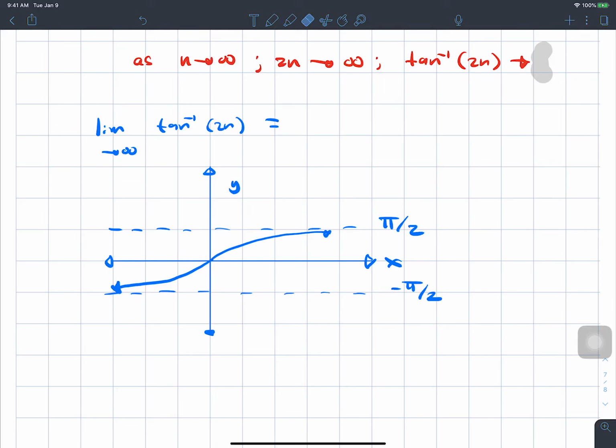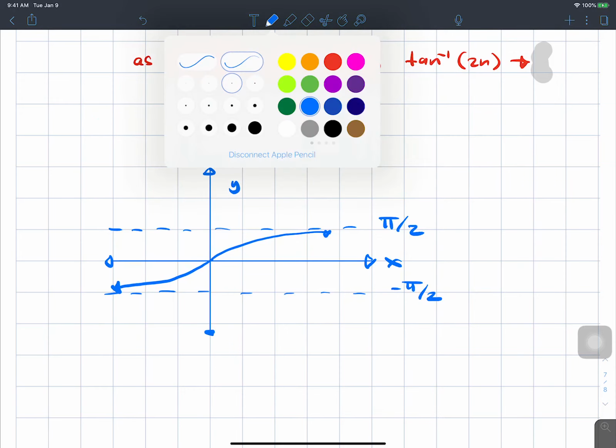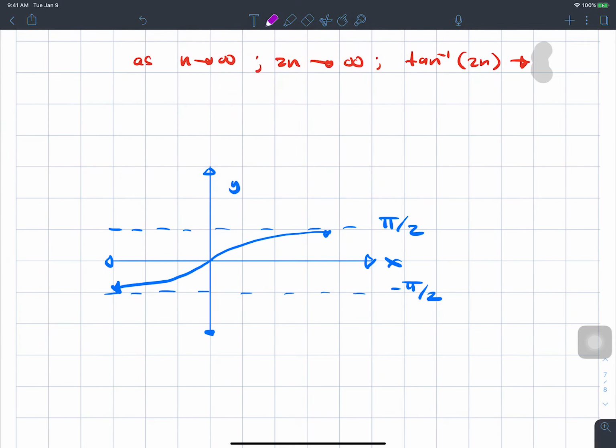So if you want, we could just simply change this to x. So let me do it in purple, since we've been writing that portion in purple. We change the variable. So we say the limit x gets big, inverse tangent of x, because ladies and gentlemen, this is a nice continuous curve. Sequences are not continuous. Sequences are discrete. They're just those points. These are curves that are continuous.